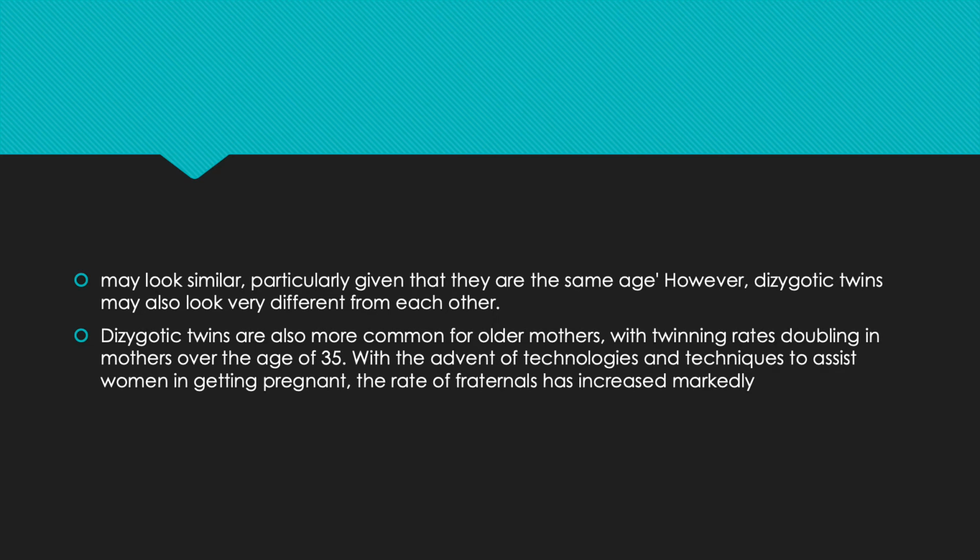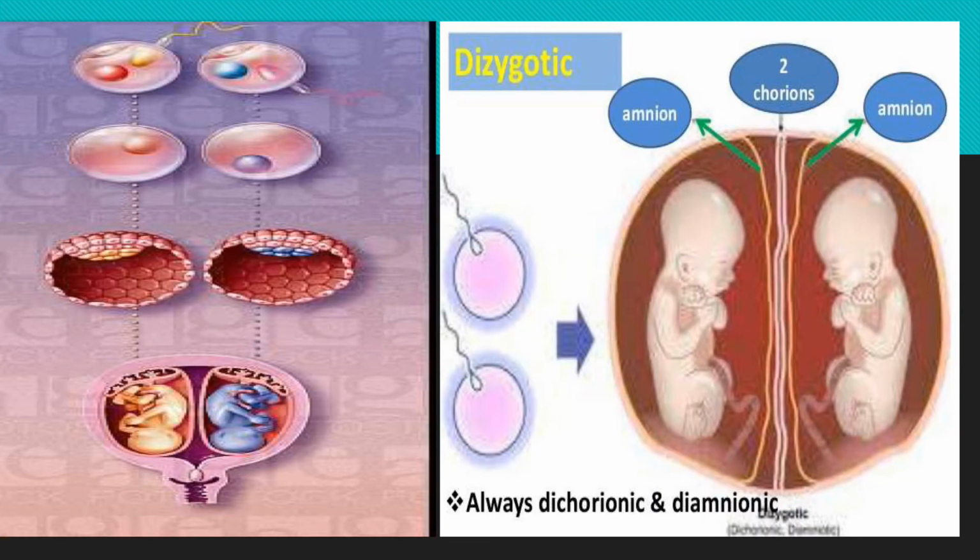With the advent of technologies and techniques to assist women in getting pregnant, the rate of fraternal twins has increased. This is the diagram showing the dizygote, which come from 2 separate eggs fertilized by 2 separate sperms, and we have 2 zygotes, and they may have the same profile or maybe not.